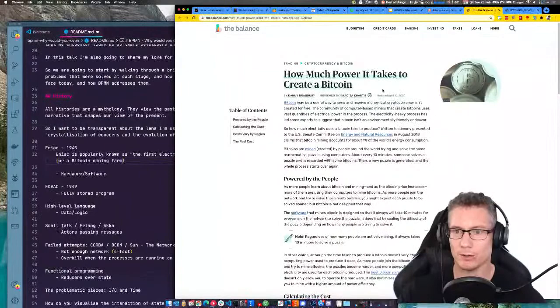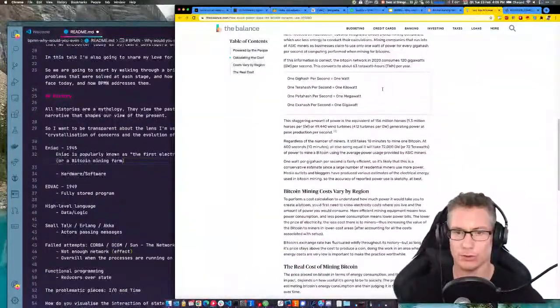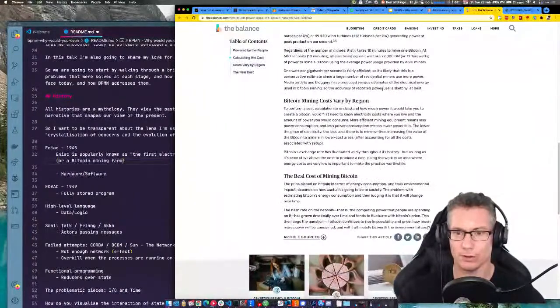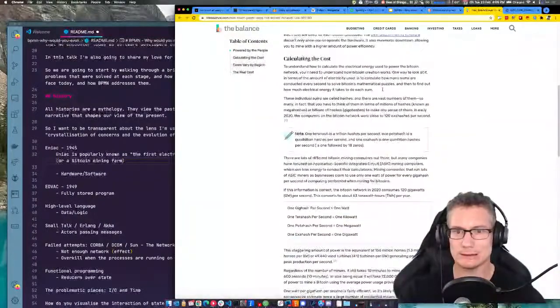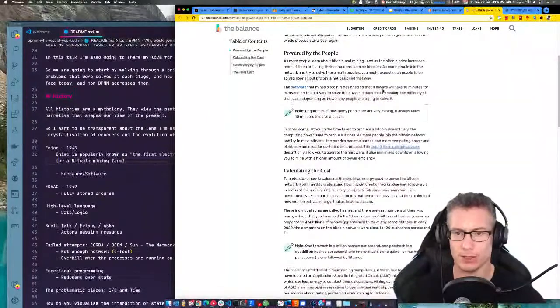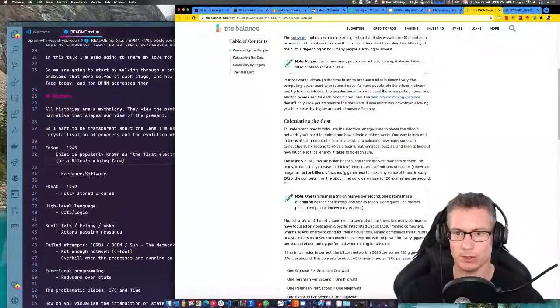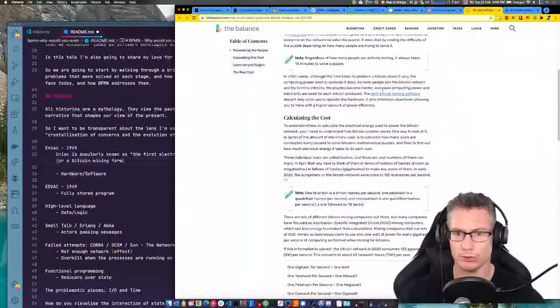How much power does it take to create a Bitcoin? Calculating the cost. Okay, let's have a look. Time taken doesn't vary. Computing power does. To understand the network, you need to understand how Bitcoin creation works.